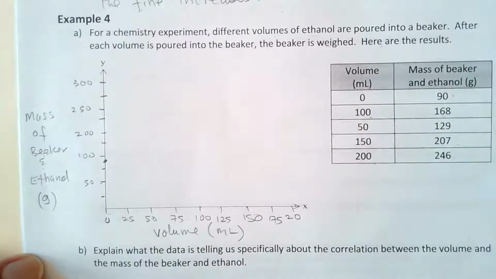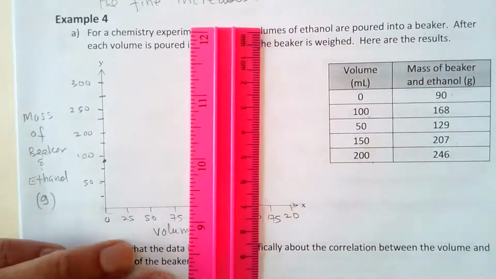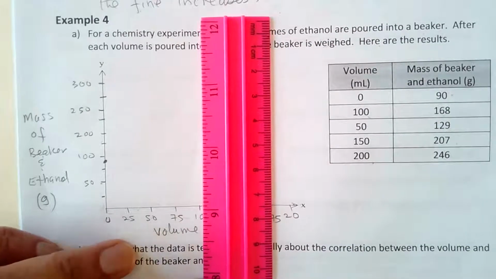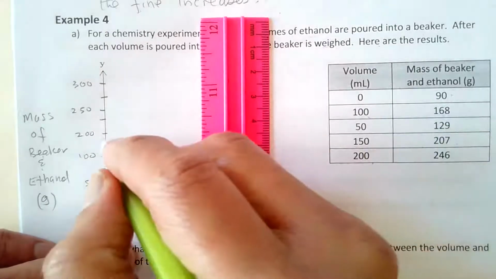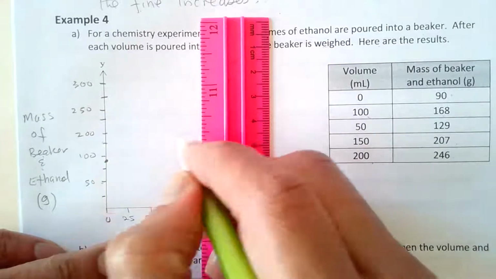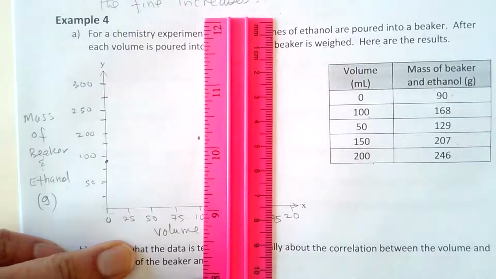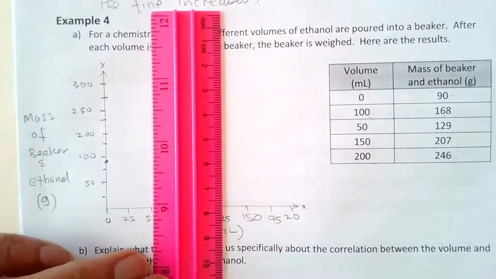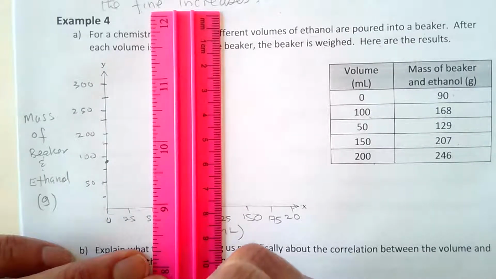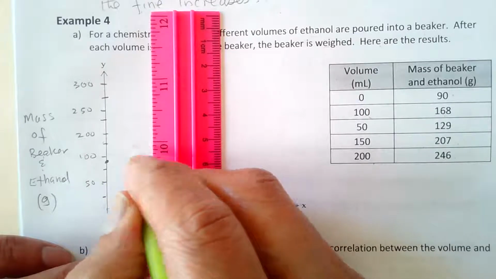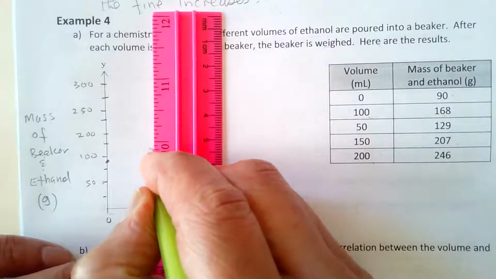So use our trusted ruler. At 100, this 168, this is 150, so 168 is approximately here. Next is 50, 129. This is 150, so 129 will be around here.